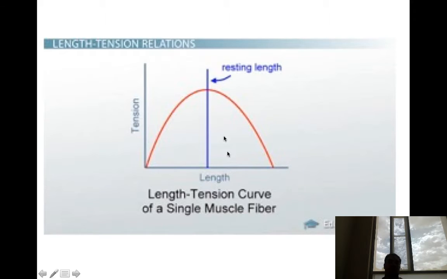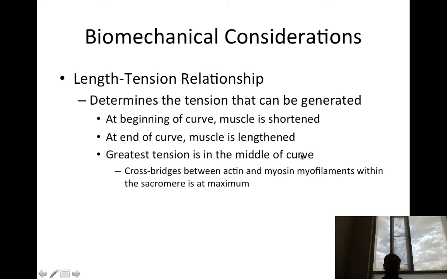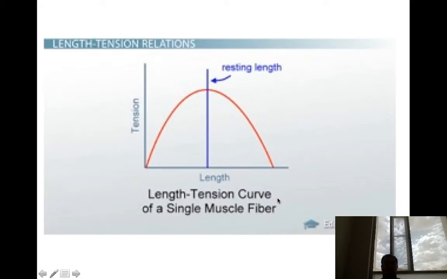I got this off the internet because I couldn't find the picture in the textbook. Cross bridges between actin and myosin myofilaments within the sarcomere are at their maximum. So therefore, it's at the greatest tension in the middle of the curve, right? At the beginning of the curve, shortened, lengthened. So theoretically, you could probably say it's concentric, that's eccentric. That's the strongest point.